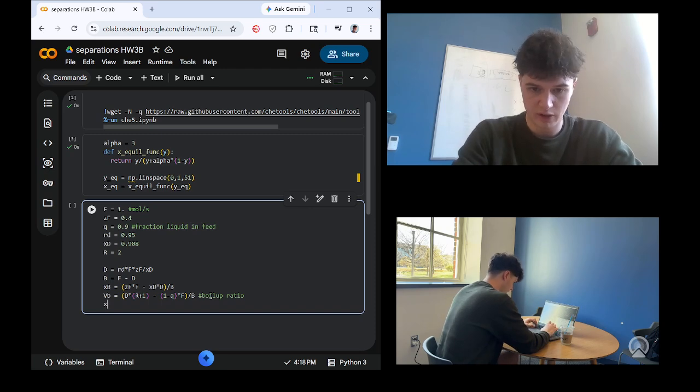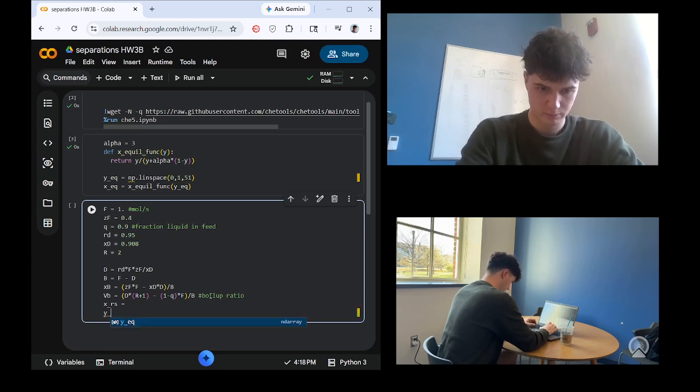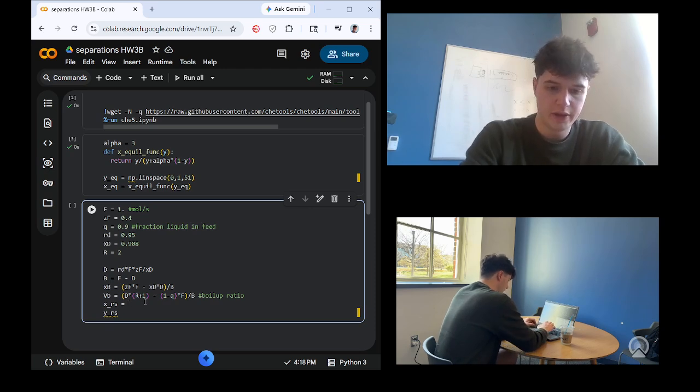And so now we have our X RS and our Y RS. And so here we're going to have X boil up divided by our vapor sub B. And this will be added to concentration of our distillate divided by the reflux plus 1.